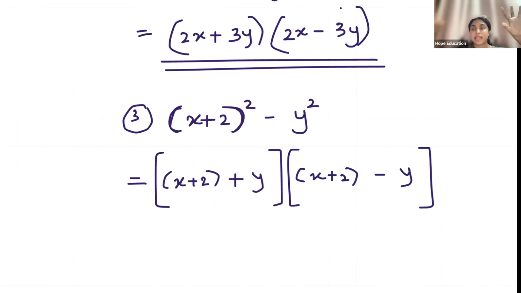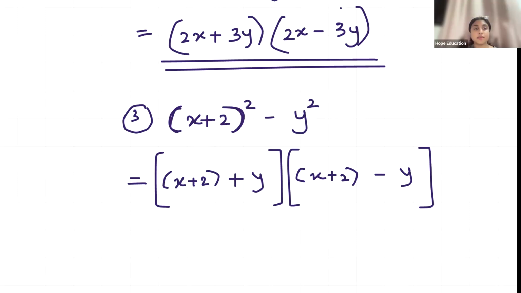X plus 2 multiplied by x plus 2 is x plus 2 squared. So when you are breaking it down into brackets, from x plus 2 squared, one x plus 2 goes to one bracket, the other x plus 2 goes to the other bracket. Is it clear? Yes, Miss. All right.